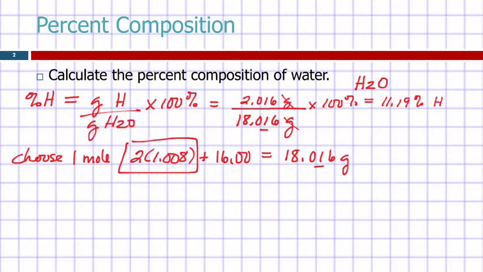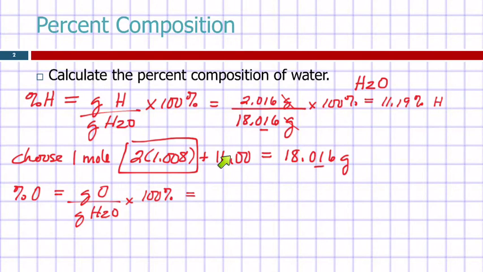Well, what's the percent oxygen? There's actually two ways to calculate that. Well, let's just practice our percent equation there. The percent oxygen is going to equal what? The mass of oxygen divided by the total mass. It's the other part. It's the grams of oxygen divided by grams of water times 100%. Well, what's the mass of oxygen?